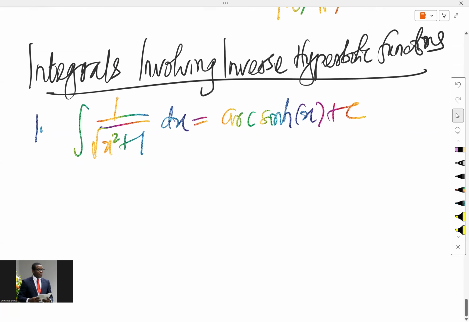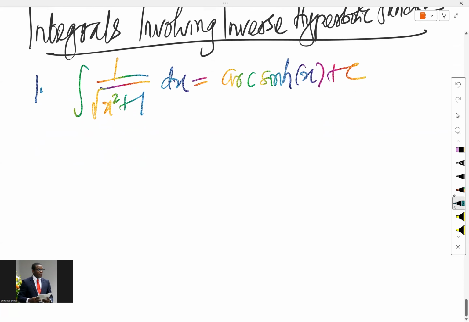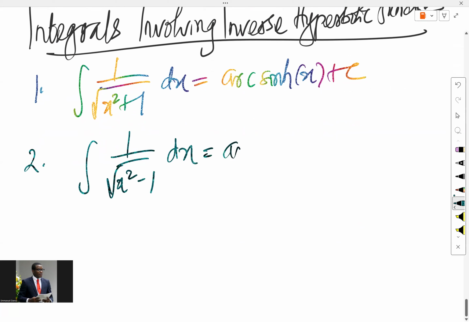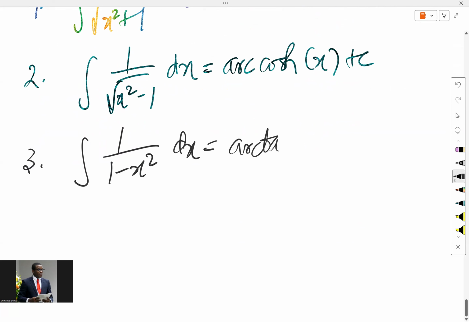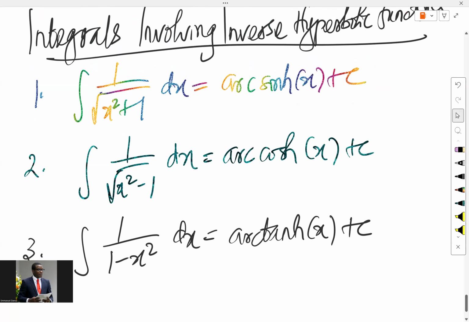So it involves sinh. Then, secondly, you have integral of 1 over square root of x squared minus 1 dx, that involves cosh, arccosh x plus c. Then 3, if you have any integral involving 1 over 1 minus x squared dx, that involves arctanh of x plus c, right?